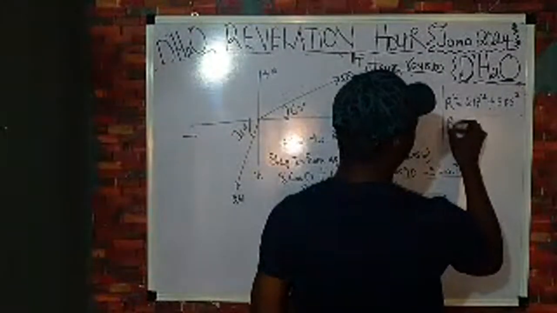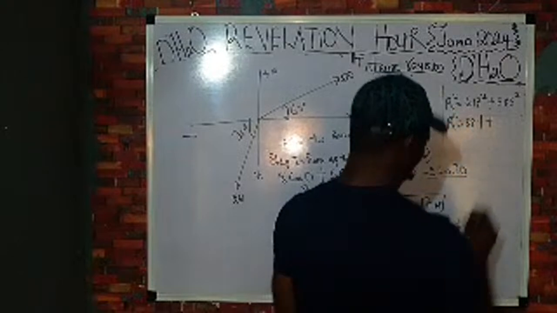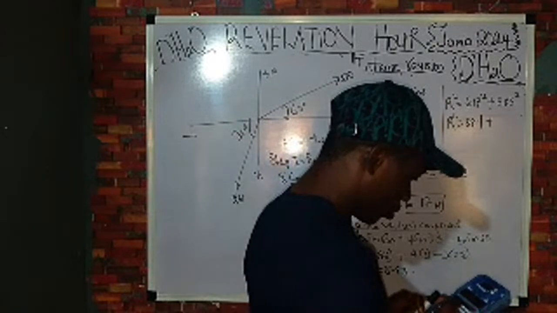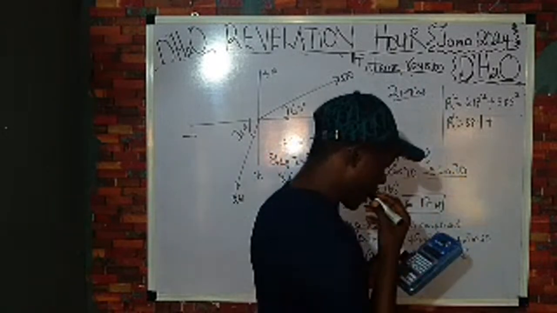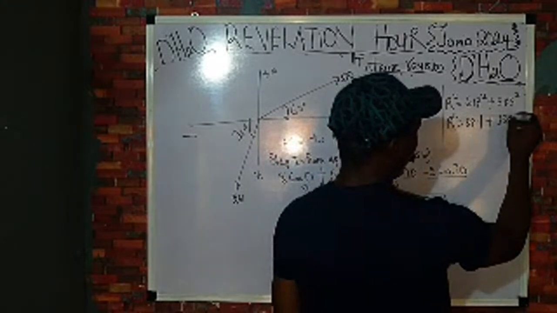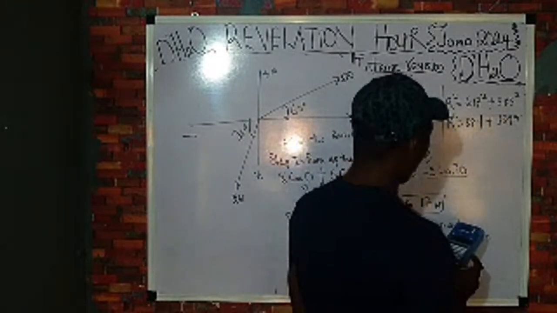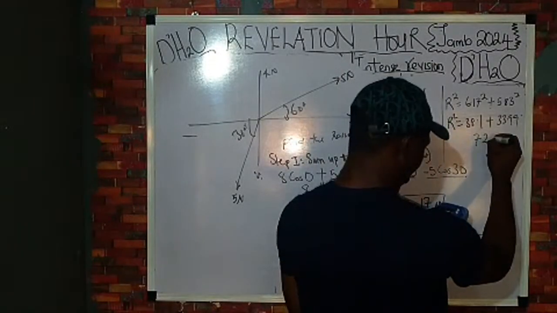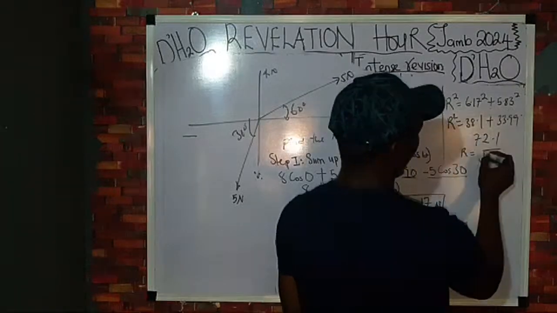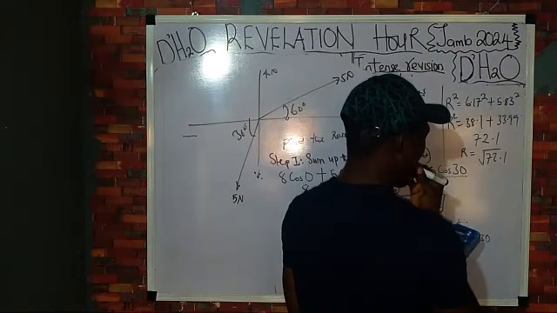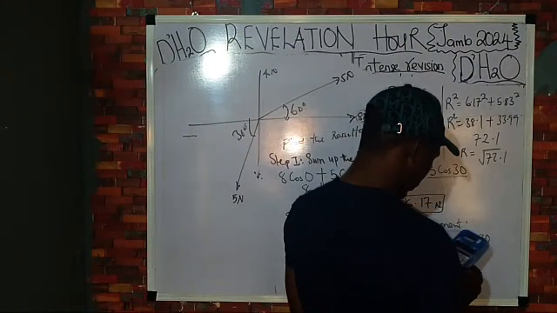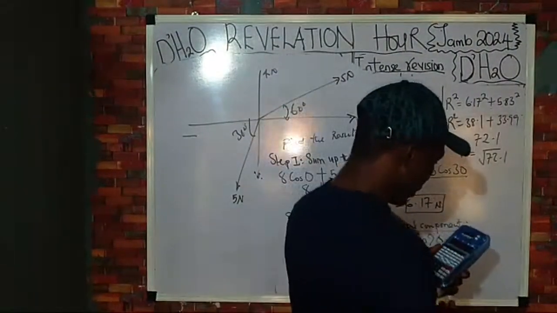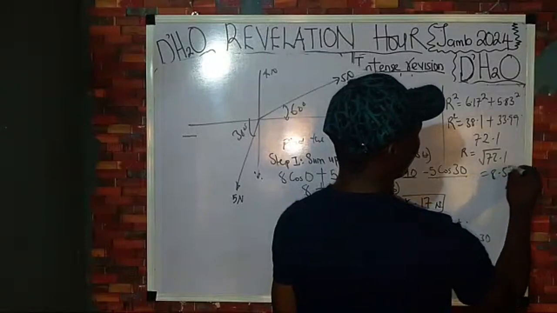Let's take it gently. 38.1 plus 5.83 squared, which gives us 33.99. Adding these gives 72.1. So you have the square root of 72.1, which gives you 8.5. So the answer is 8.5 Newton.